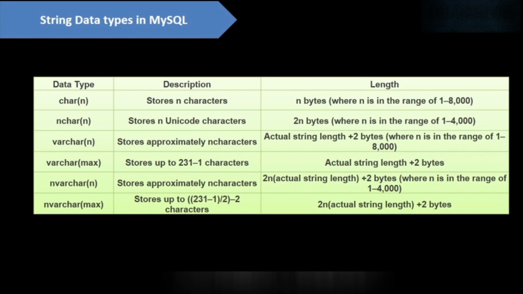Now we have nvarchar max, that stores up to (2^31 - 1) / 2 - 2 characters, basically 2n actual string length plus 2 bytes. So these are the data types we have particularly for string types in MySQL.